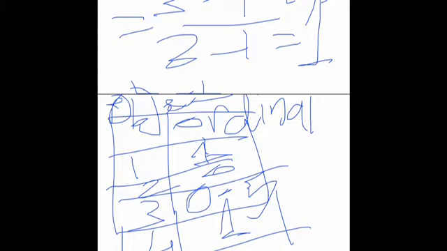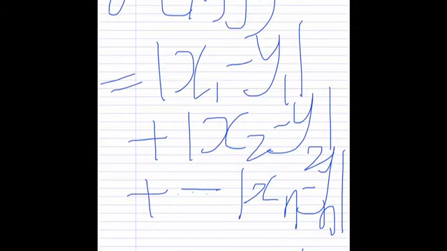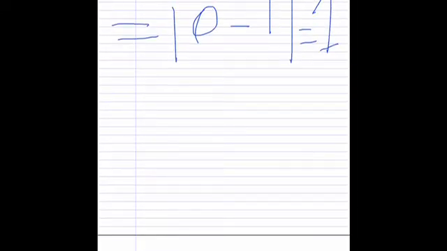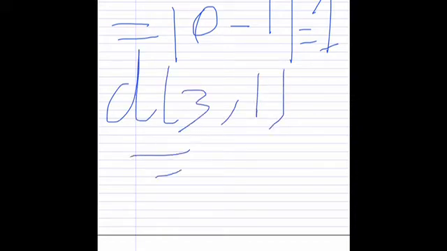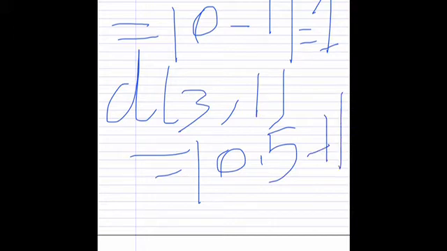Between 2 and 1, 0 minus 1. Then we will get the distance between 3 and 1 from the table: 0.5 minus 1, absolute, equal 0.5.